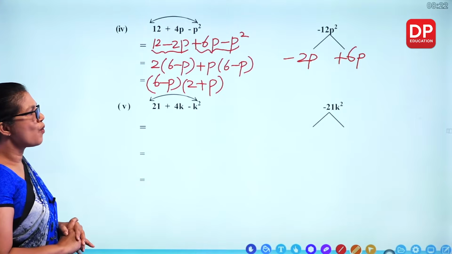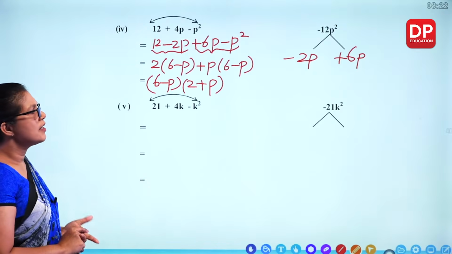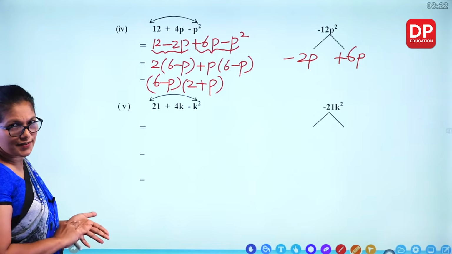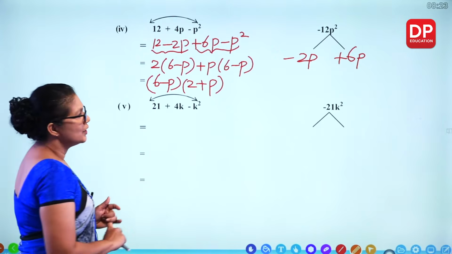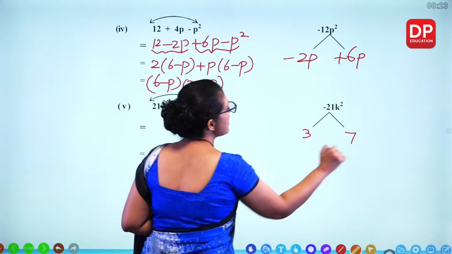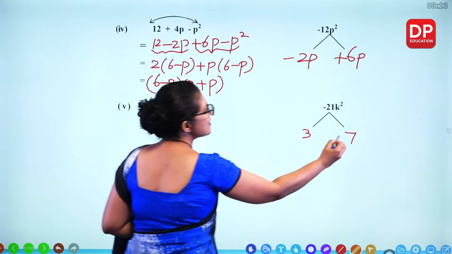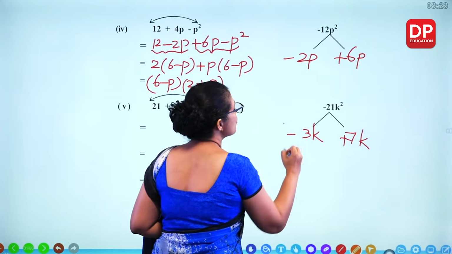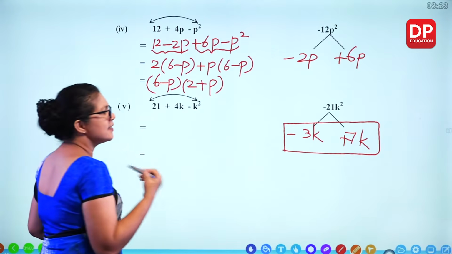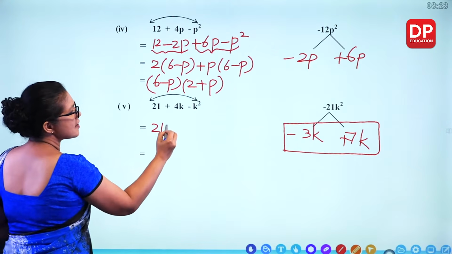To get 4. 1 with 21. 3 with 7. 3 and 7. You are getting 4. So 3 with 7, plus 4 means this is plus, this is minus, and to get k squared, both should be k's. Now you can do it fast.